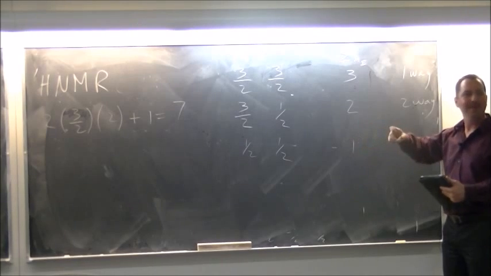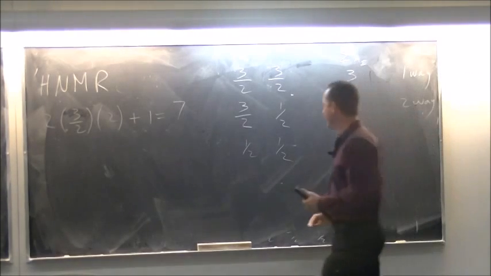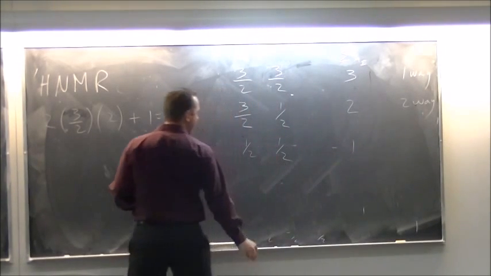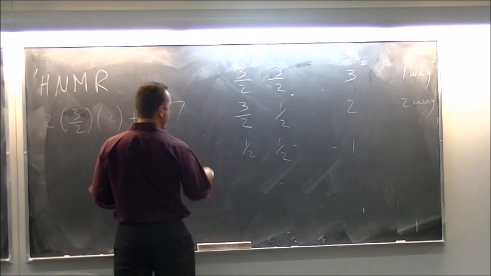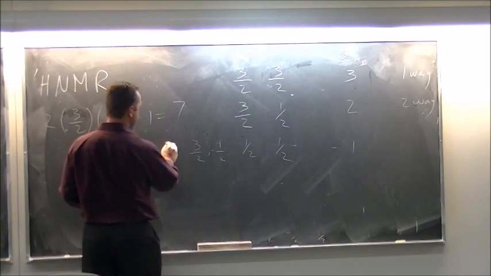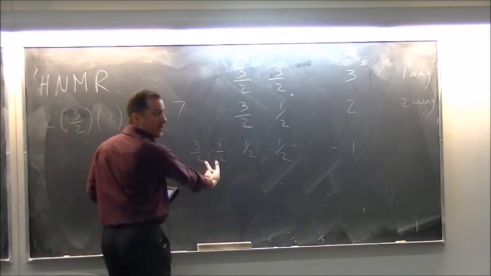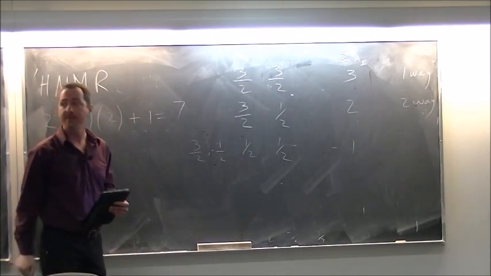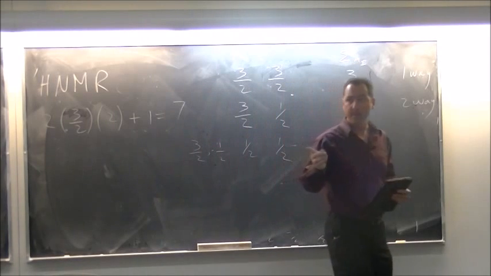There are 3 ways, because it can be this, but it can also be 3 halves minus 1 half, and of course the inverse of this. So that makes it 3 ways. Are you with me? Yes.